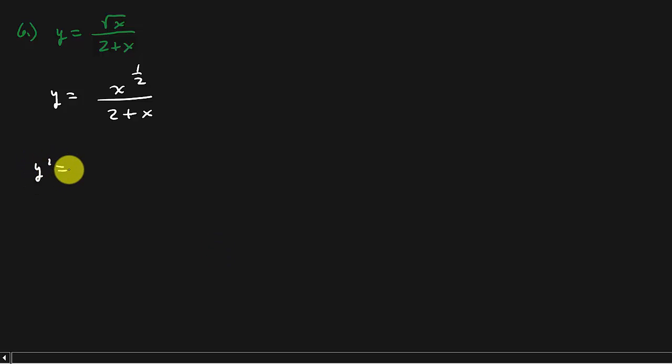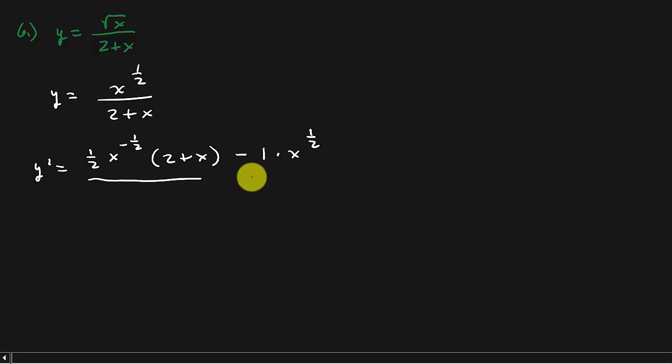So y prime is the derivative of the numerator, which is going to be 1/2 x to the negative 1/2, times the denominator, minus the derivative of the denominator, which is 1, times the numerator, and this is all over the denominator squared.